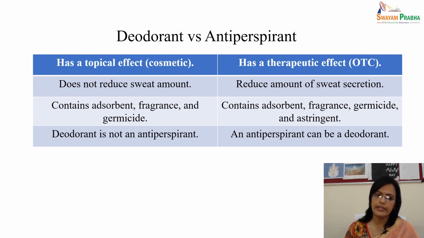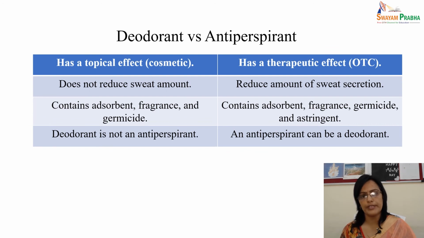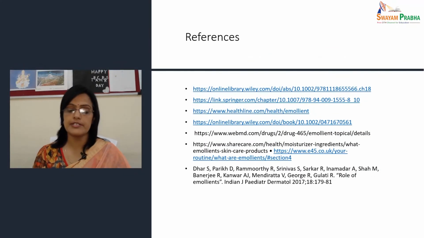Deodorant contains absorbent, fragrance and germicide, and antiperspirant contains fragrance, absorbent, and astringent as the added ingredient. Deodorant is not an antiperspirant, but an antiperspirant can play both roles, and can also play the role of deodorant. These are the references. Please go through them.